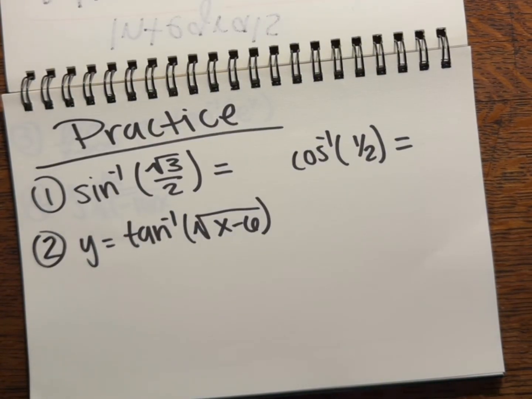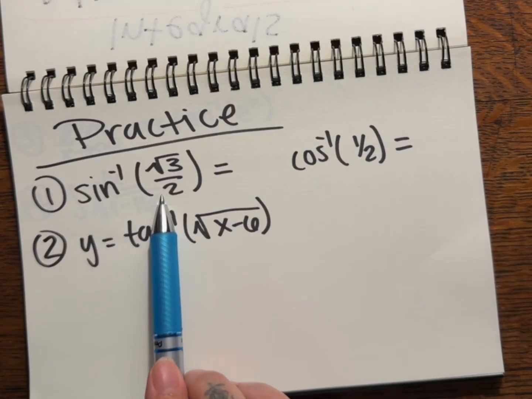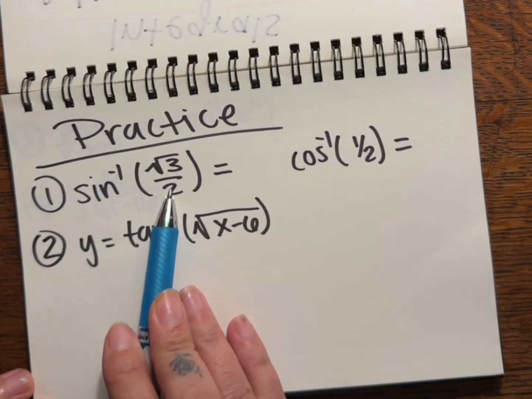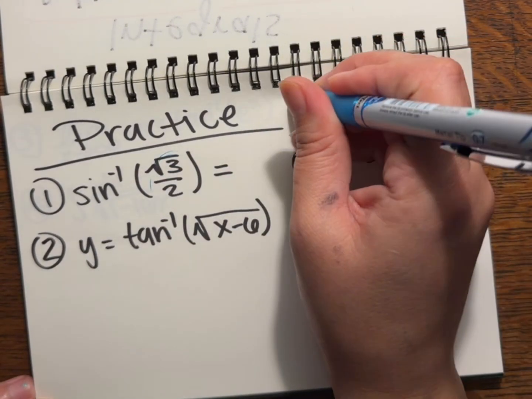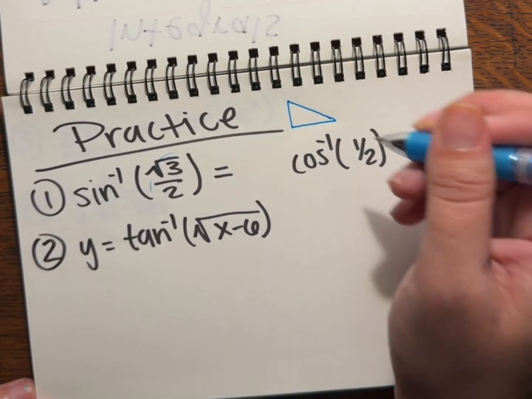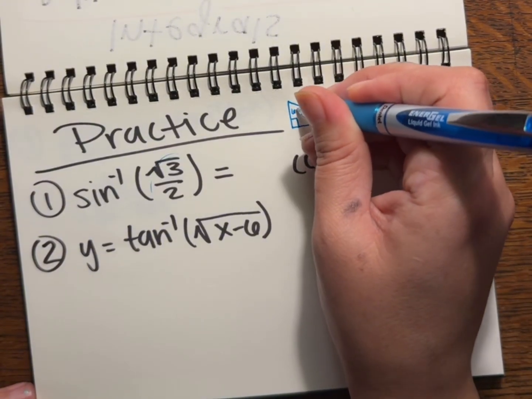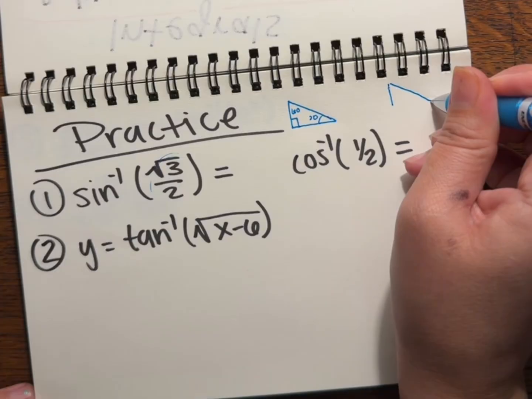So let's find the inverse sine of radical 3 over 2. What this is asking is what input gives you this value here. In order to do this, we use the triangles, the 30, 60, 90, and the 45, 45, 90.